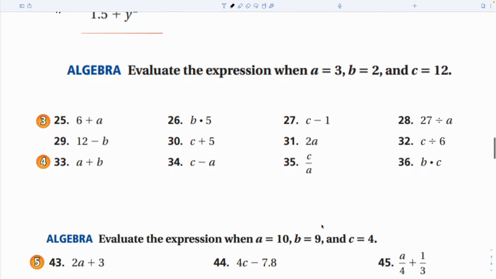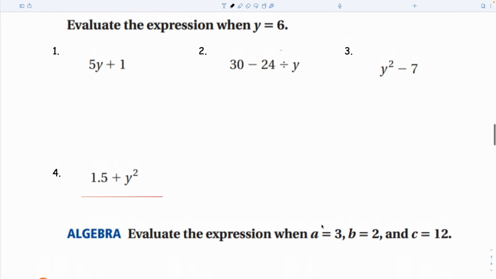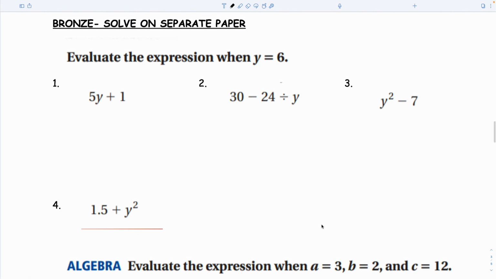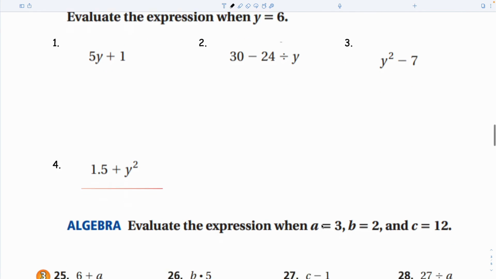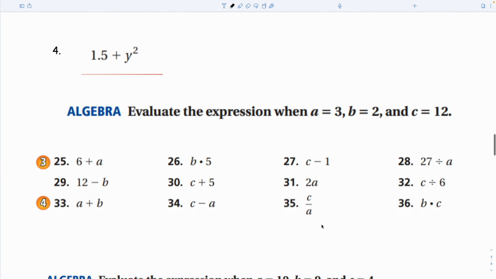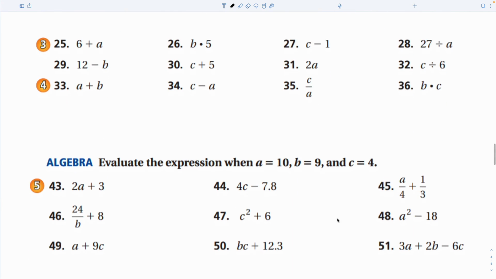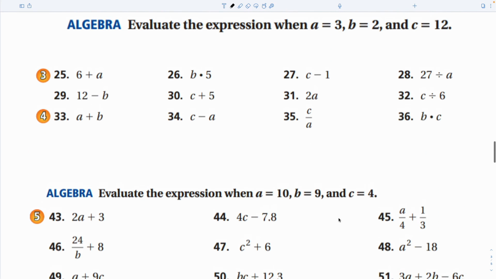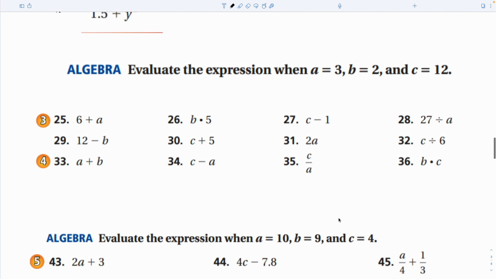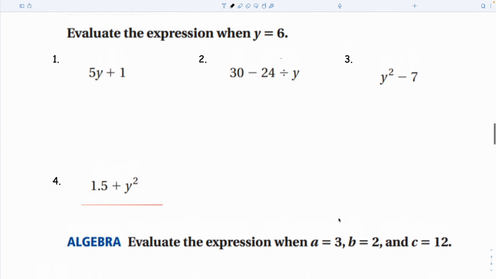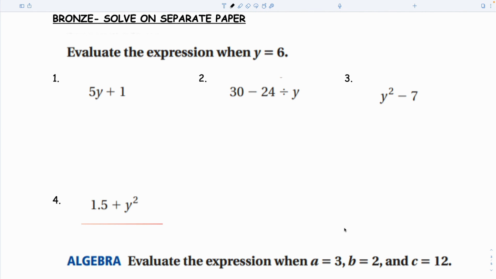Take out a piece of lined paper. Look at your packet and notice there's a few weird things going on.